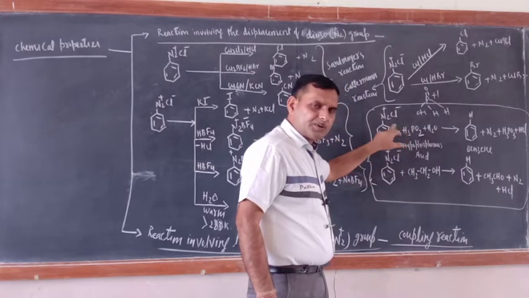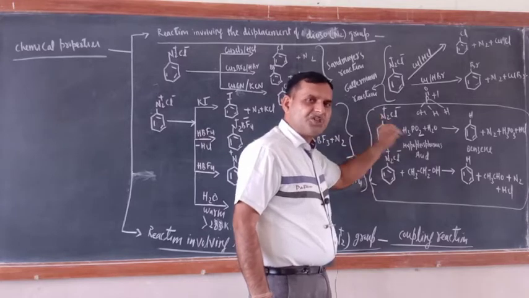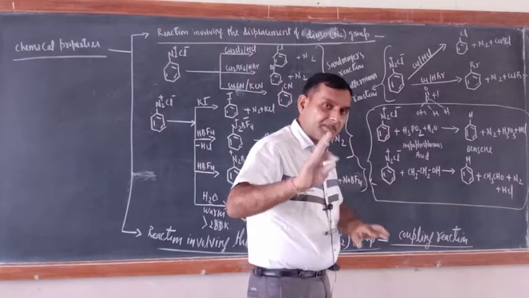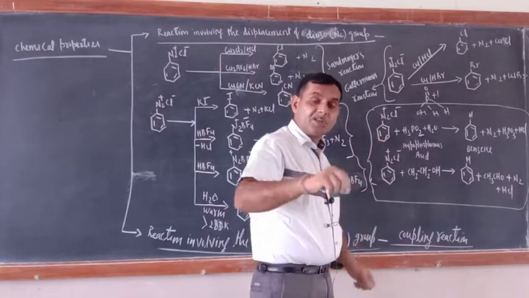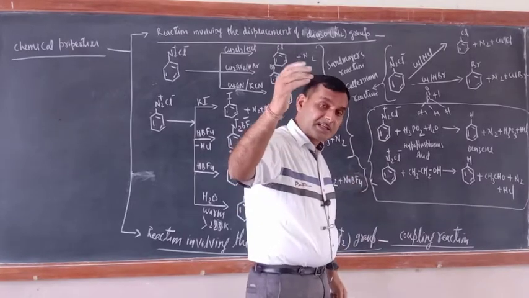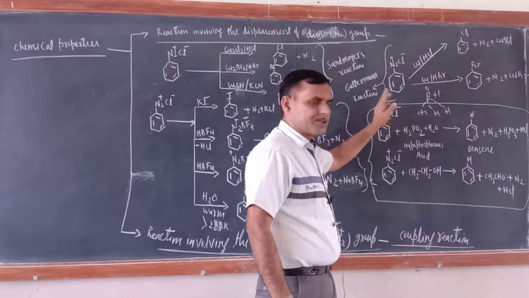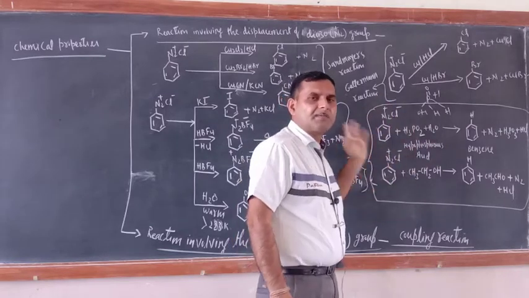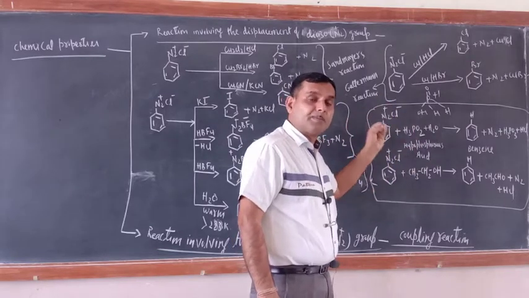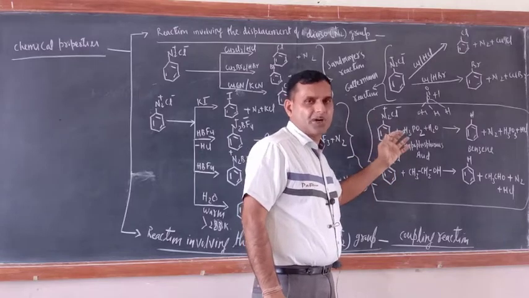They will reduce benzene diazonium chloride to benzene. What a nice reaction. The entire N2Cl group will come out and you will get benzene. That is the beauty of this reaction, and they are very important reactions.